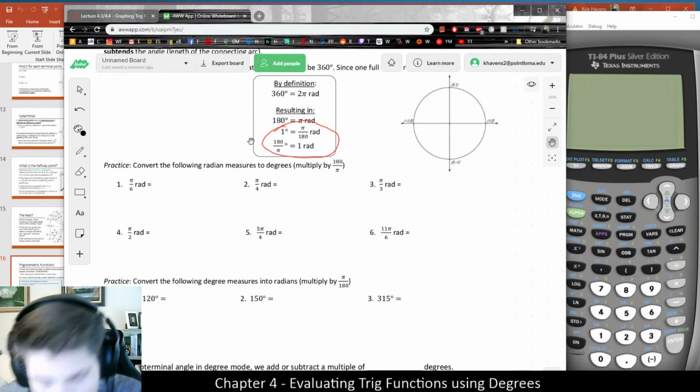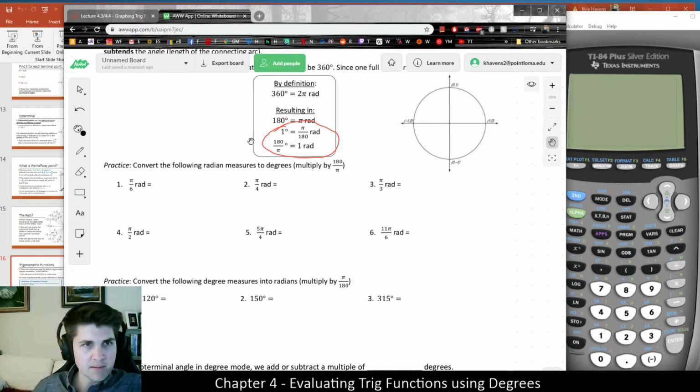Say, for example, I wanted to know what pi over 6 is in degrees. We already know it's 30 because we can look at the unit circle, but the point is we could take that and directly multiply by 180 divided by pi.